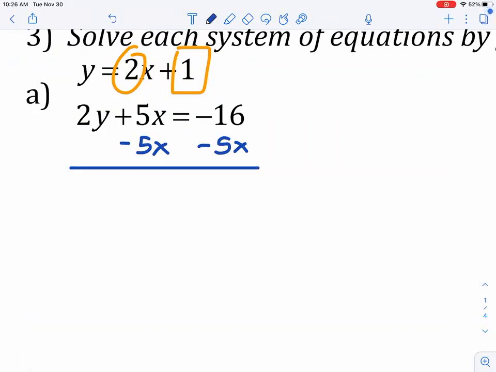And now when you do that, I get 2y is equal to, remember on the right side, they are not like terms. So I just have to leave it as negative 5x minus 16. We can't combine those into like negative 21 or something like that, okay? They're not like terms.